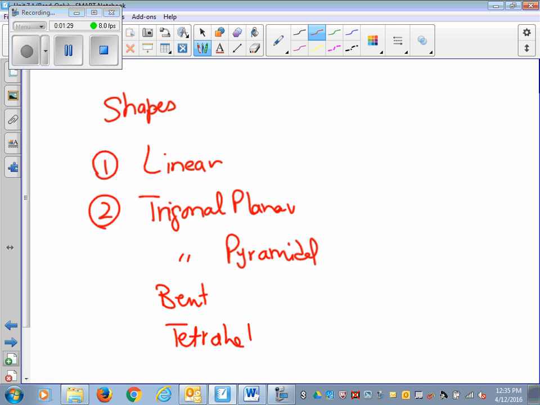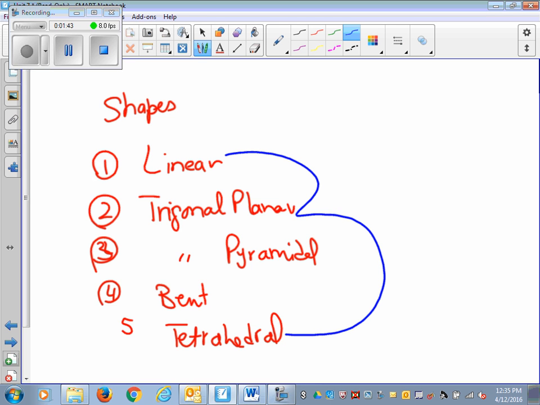Out of these shapes, now listen to me carefully. Three shapes, linear, trigonal planar, and tetrahedral, are symmetrical.